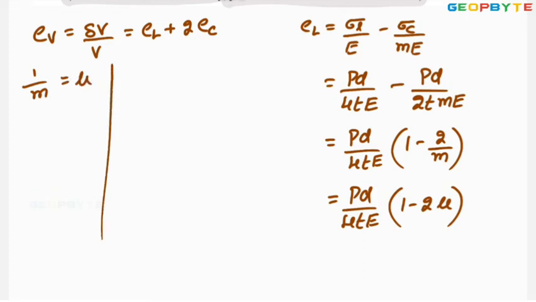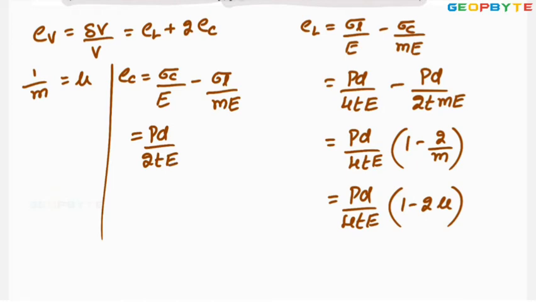Similarly, the circumferential strain epsilon C equal to sigma C by E minus sigma L by mE. Sigma C equal to PD by 2TE minus PD by 4TmE.